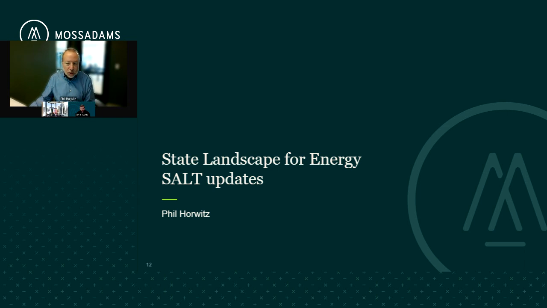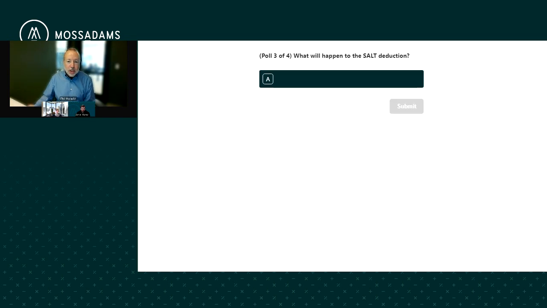So here is another polling question. What will happen to the SALT deduction that Pat was talking about, the $10,000 limitation? A, no change. The $10,000 max will stay in place, state PTET as it is, the pass-through entity tax election. B, increase maybe to $25,000 to $100,000, somewhere in that range, depending on the balance of power between the high tax states and the low tax states, but still remain as a limit.